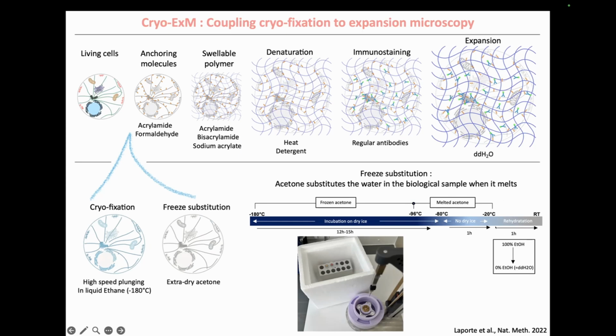Then once we are going back to room temperature, we proceed to rehydration just by replacing the acetone first by 100% ethanol and then by baths of increasing water concentration until a water-based solution that is compatible with expansion. And then we just go for the classical protocol with the acrylamide, formaldehyde anchors and so on.